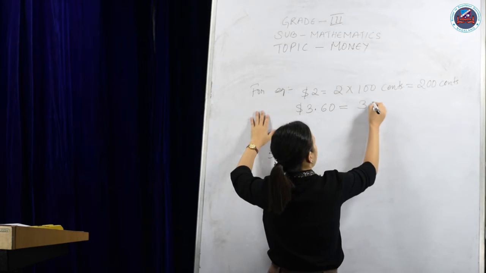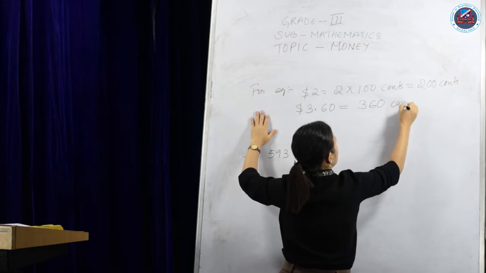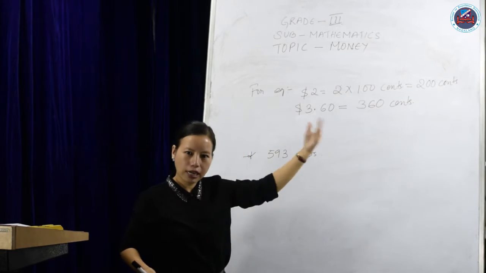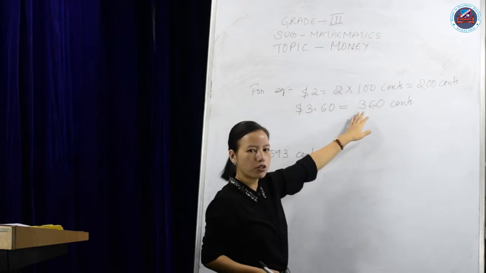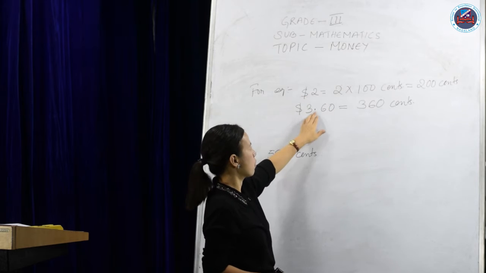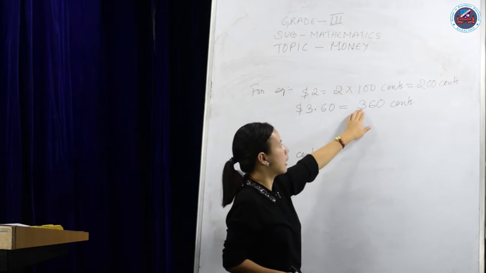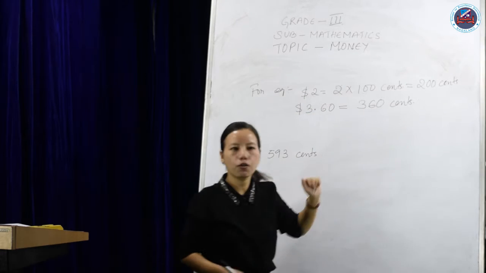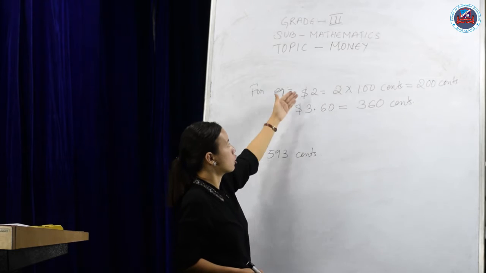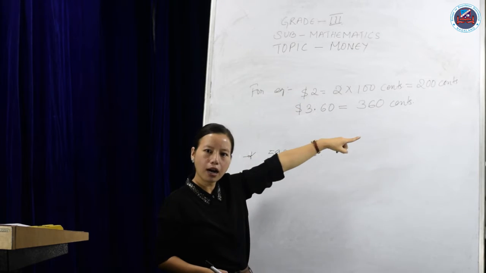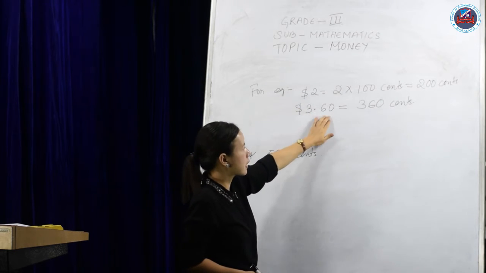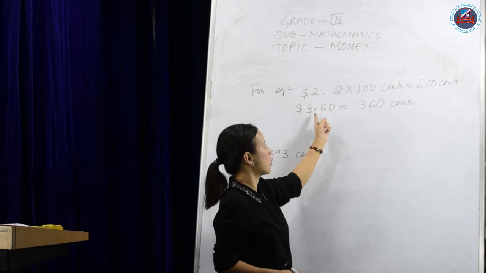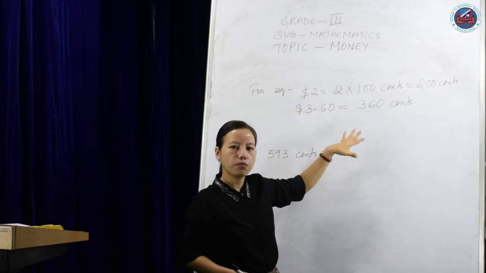So that makes 360 cents. Since we are changing into cents, there will be no more dollars over here. Remove the point and then write whatever the number is. So that's your answer. So that's how we convert dollars into cents, by multiplying by 100, and dollars and cents into cents, by removing the point.